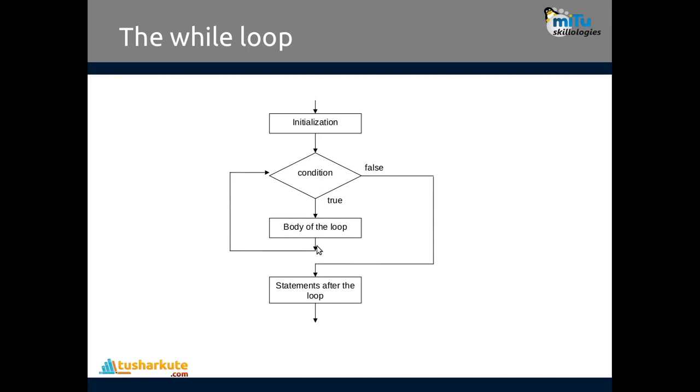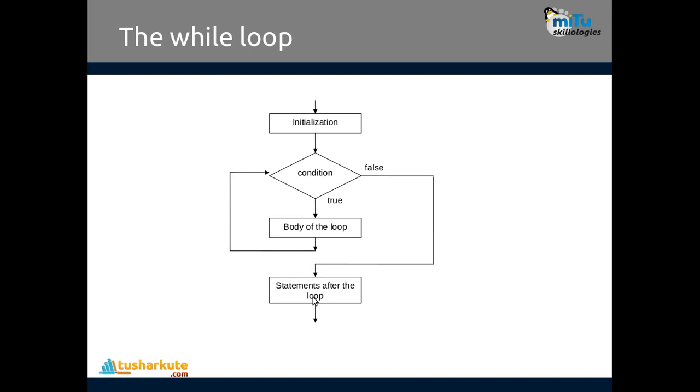Once it is completed, it goes back to check the condition again. If it is true, go inside the body and continue. When the condition becomes false, it will come out of the loop and go to the next statement after the loop.